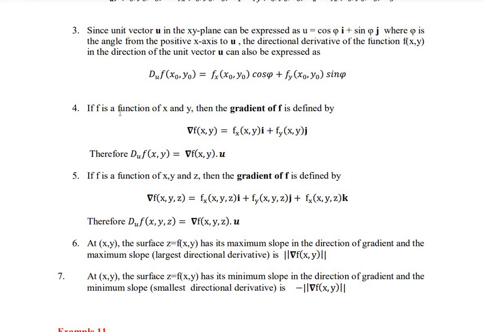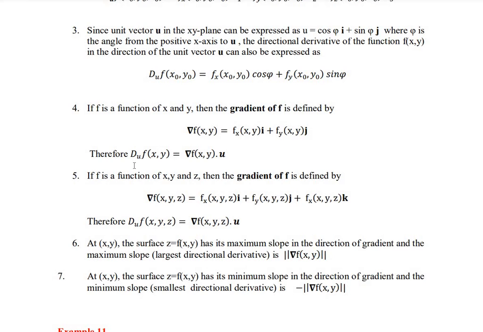Next, if f is a function of x and y, then the gradient of f is defined by del f of x y equal to the derivative of f with respect to x times i cap plus the derivative of f with respect to y times j cap.